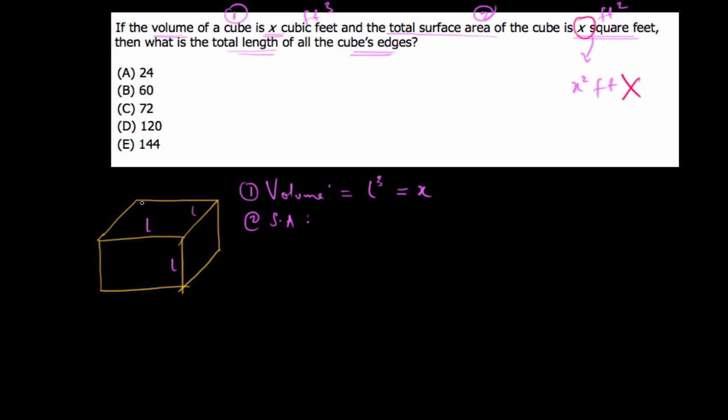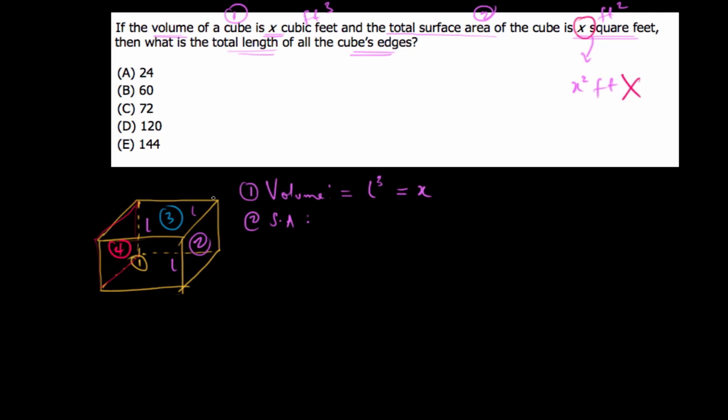When you look at this cube, you'd observe that the cube has how many faces? We can count. This is one face, that is 1. This is another face, this is 2. Then the one at the back, that is 3. Then the one here, that is 4.